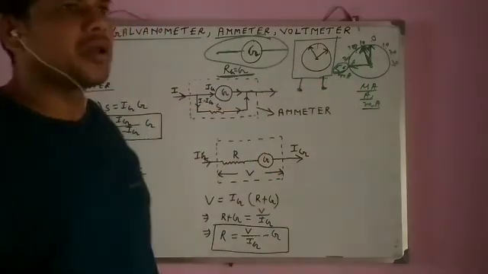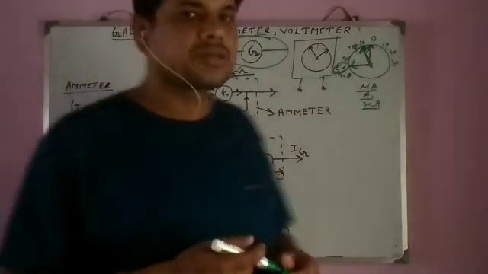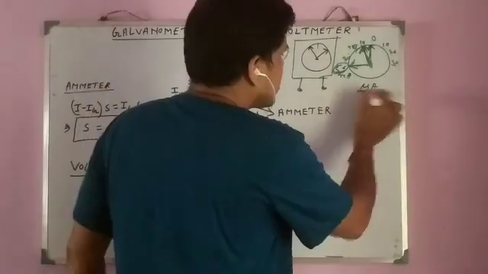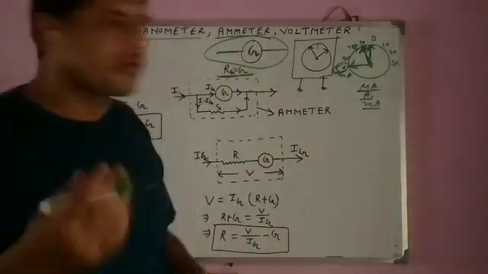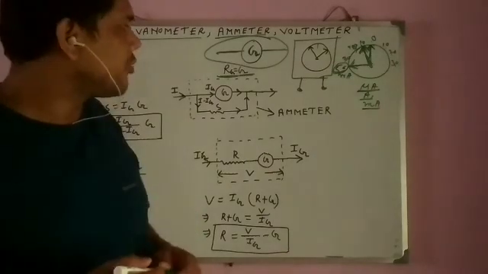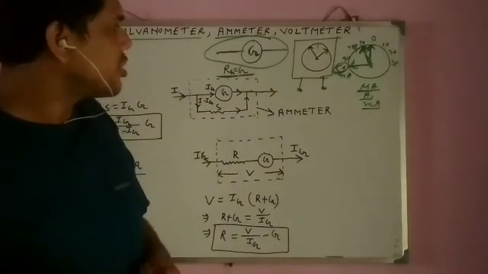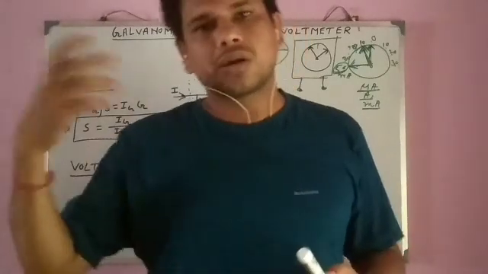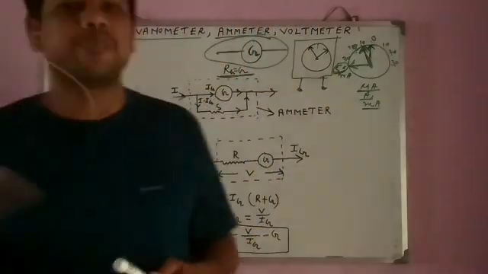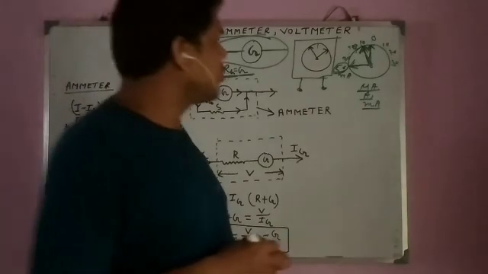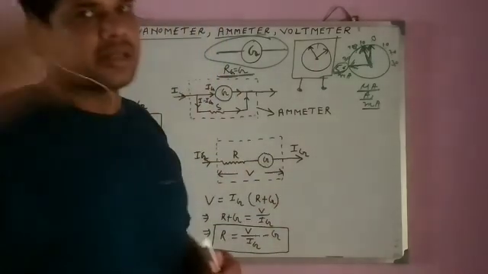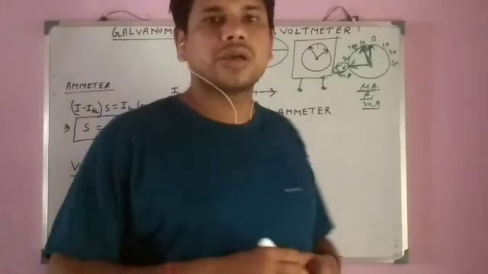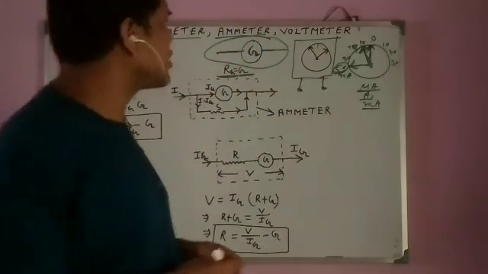But 50 milliampere is very small, or it can be in the microampere range. Practically we have to detect, or you can say measure, the current in the ampere range. So in that condition we have to use the ammeter to measure the current in the circuit.